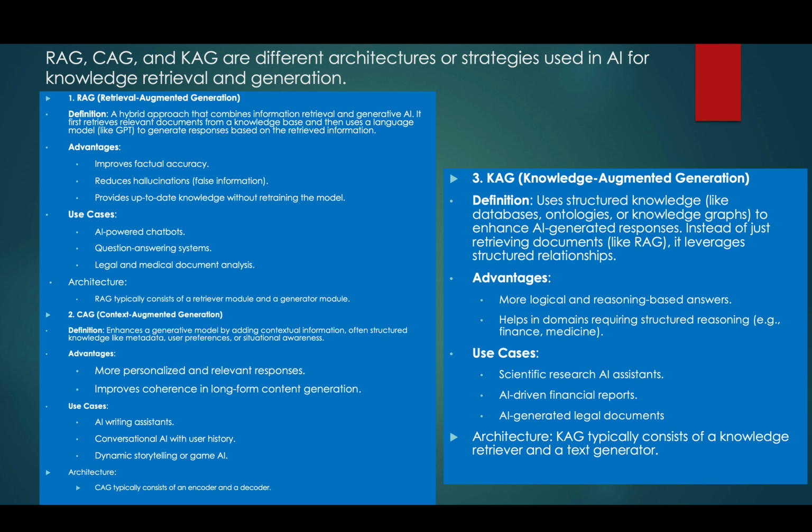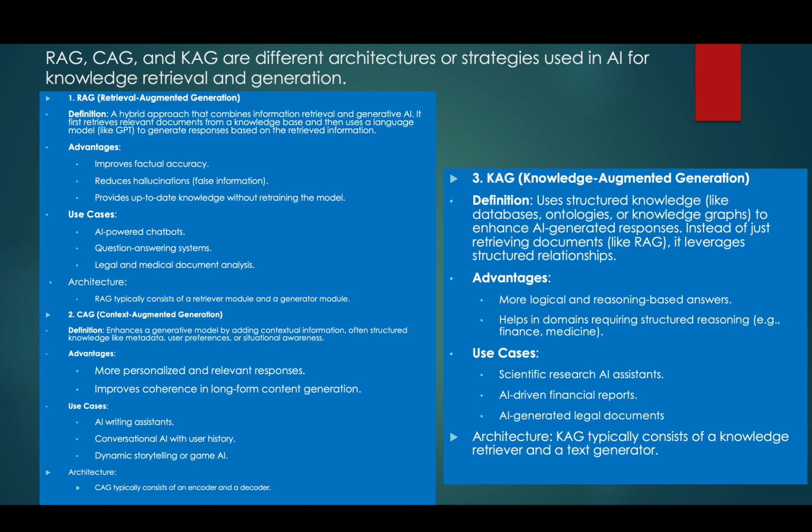Use cases in this are AI powered chatbots and question answering systems, legal and medical document analysis. From an architecture perspective, RAG typically consists of a retrieval model and a generative model.